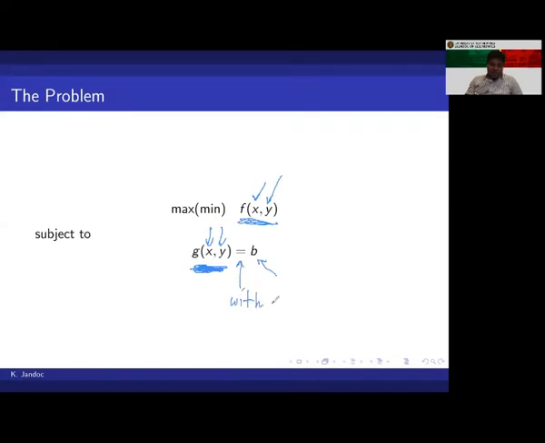So the constraint holds with equality. Later in the slides, we'll deal with how to find the optimizers when constraints have inequalities in them. But in this case, our main concern is a problem where we have a function of two variables and the constraint is holding with equality. So we have an equality constraint, an equal sign in the constraint.